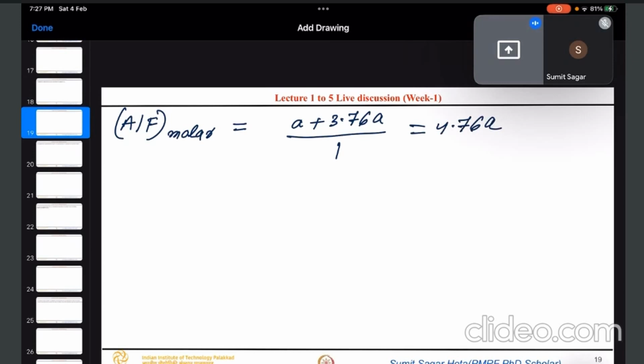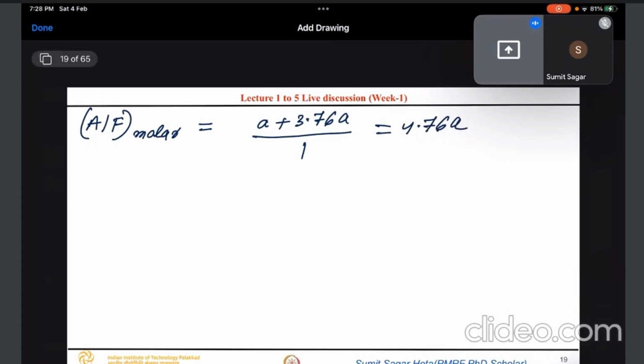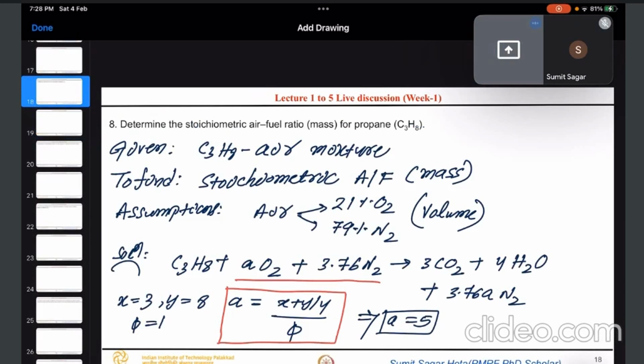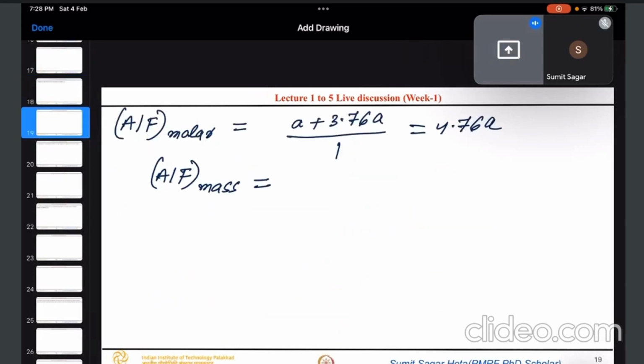Now there is a relation between the air-fuel ratio on a mass basis and on a molar basis. You see what the question mentions: determine the stoichiometric air-fuel ratio on a mass basis. They want mass, not molar. We know molar, but we need the mass.